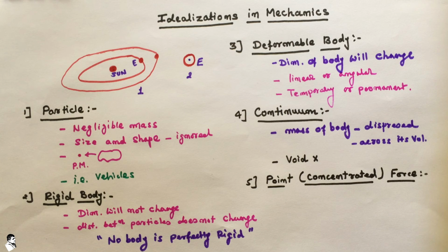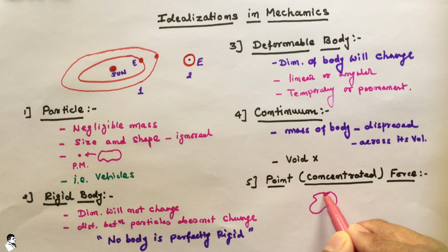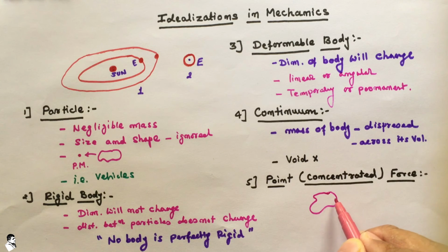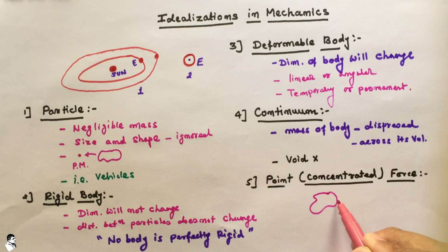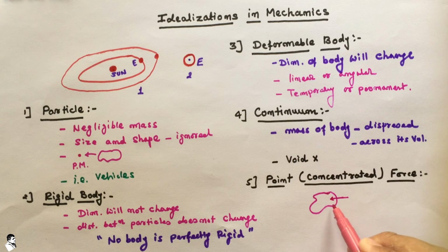So if we take a body that is considered as a continuum, whatever force is acting generally acts on the whole body or a part of the body. But in this idealization, if we mark an arrow, or say the point force, this is a point where the force is acting.